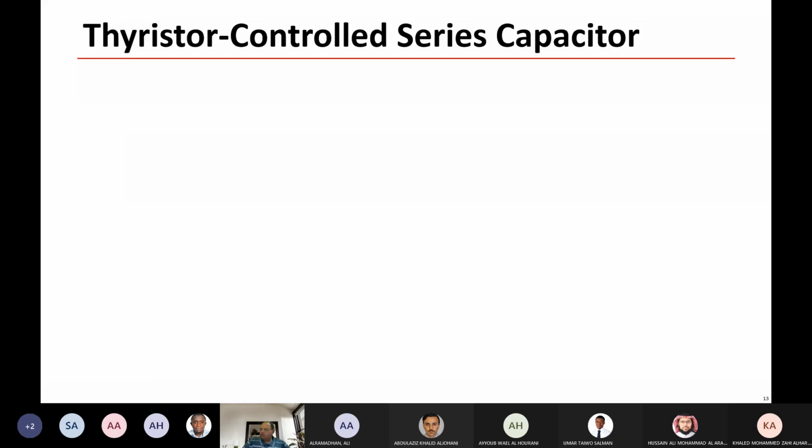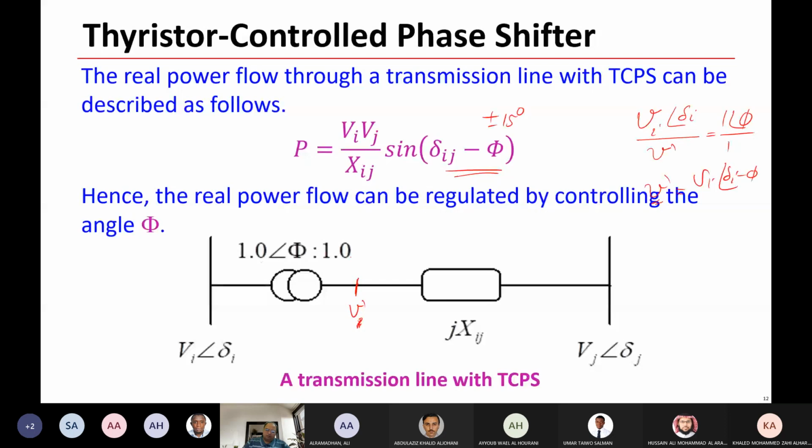Yeah, Doctor, I just want to ask regarding the power of some FACTS device to increase the power transmission capability or power transmission capacity. How far can this be done?